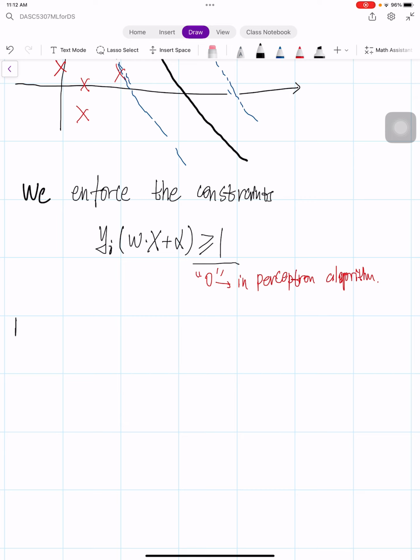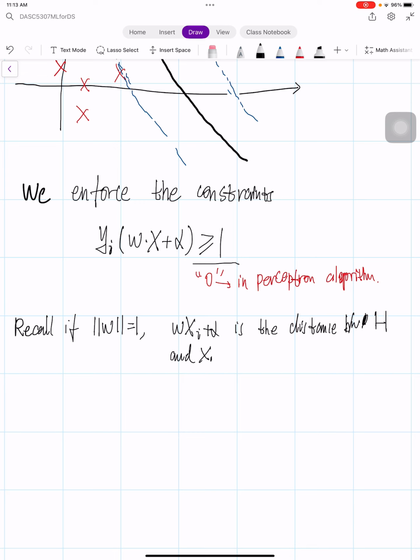And recall, from our last lecture, if this omega is a unit vector, then we know the decision function applied to xi plus alpha is the distance between the decision boundary and point xi.